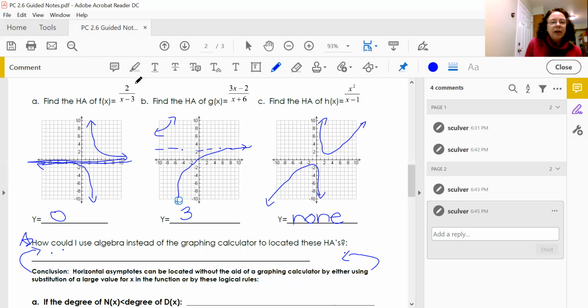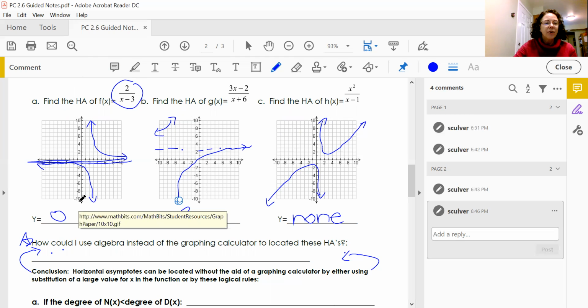And the degree of the denominator, so let me say that again. The degree of the numerator is 0. The degree of the denominator is 1. And we found that the horizontal asymptote was at y equals 0.